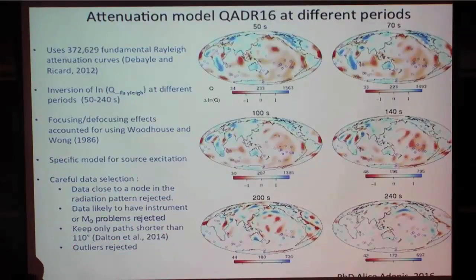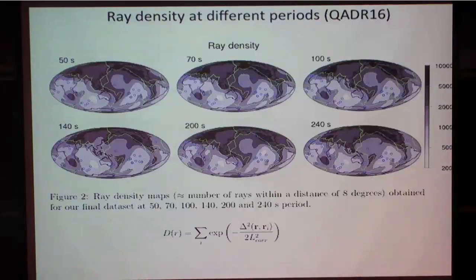process. And then we cluster them because some of the paths correspond to events that are close, recorded at the same station. So if you look at the number of independent paths, you have 200,000 waveforms, but maybe 45,000 independent paths. So we can look at the ray density maps that we got with this kind of coverage, with this kind of data sets.